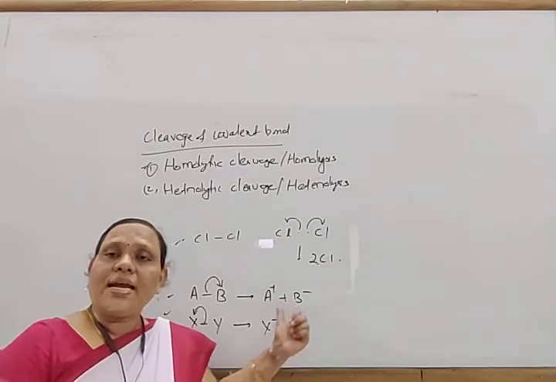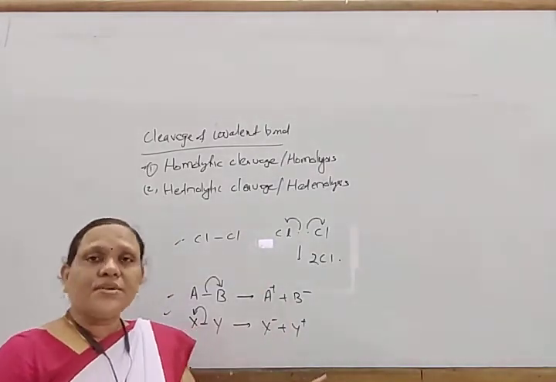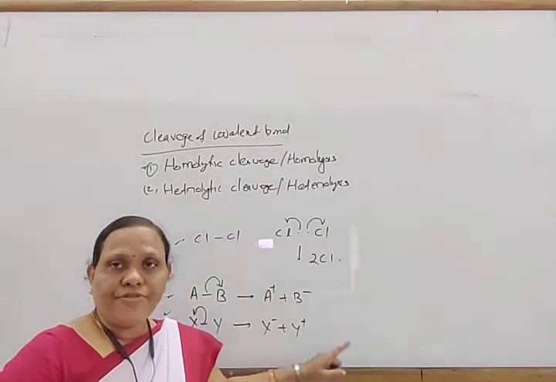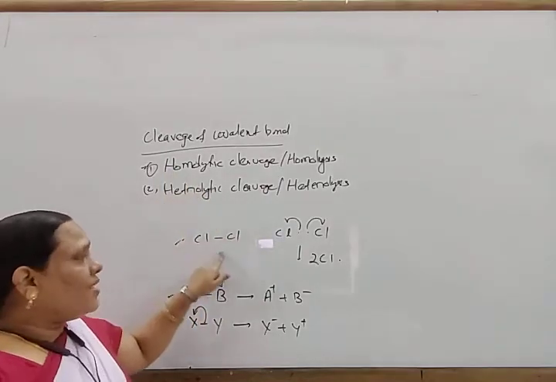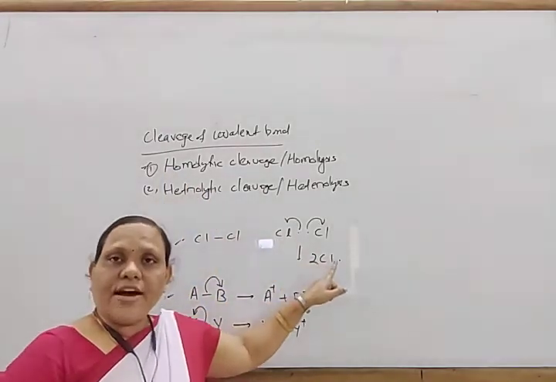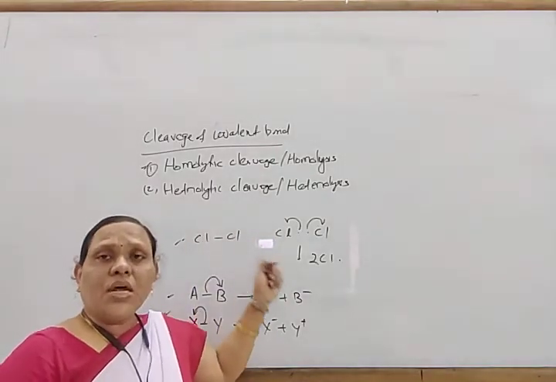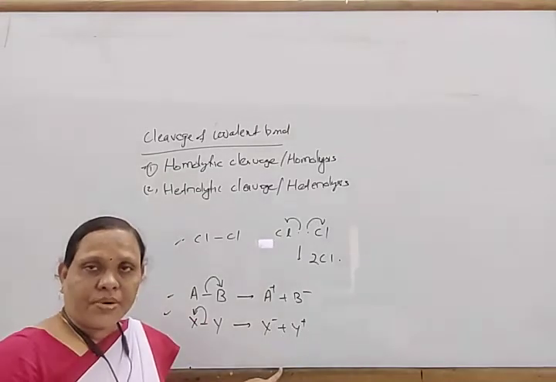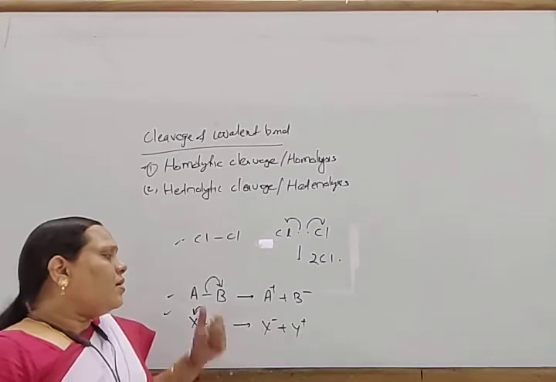Due to heterolytic cleavage, or heterolysis, or unsymmetrical cleavage, positively and negatively charged ions are generally formed. Due to homolytic cleavage, free radicals are generally formed, and this takes place in non-polar compounds. Heterolytic cleavage generally takes place in polar compounds and in the presence of polar solvents.